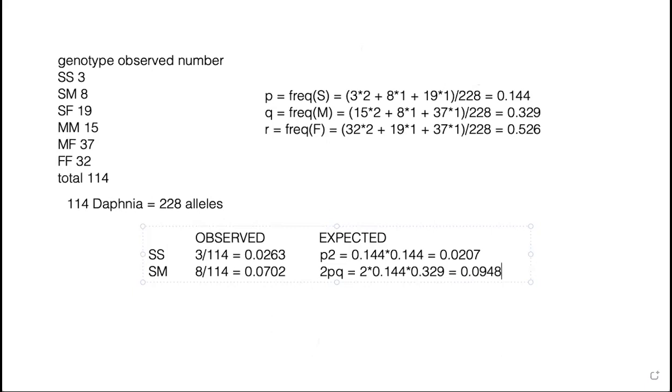I probably should have worked this problem in advance because the calculation part is probably about as interesting as watching paint dry. But the frequency of SF that we observe is 19 over 114, which is 0.167.